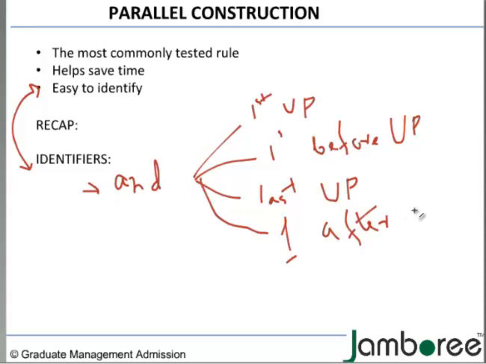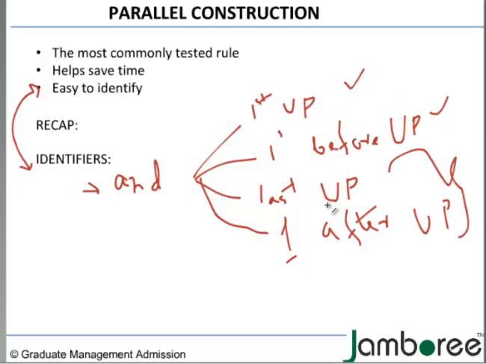So most people, what I have seen is that they are easily able to identify these two locations. They see, okay, first few words of the underlined portion has and, let me test for parallel construction. First word or couple of words before, you have got an and in the sentence, so they are able to identify these. But these two locations are also extremely important.